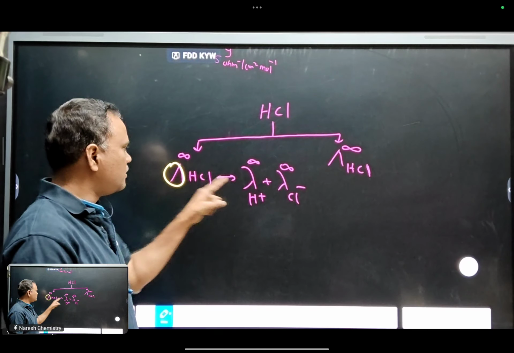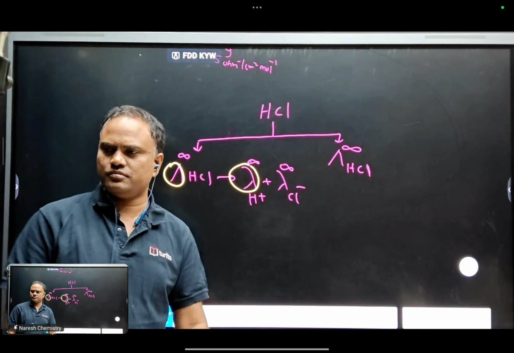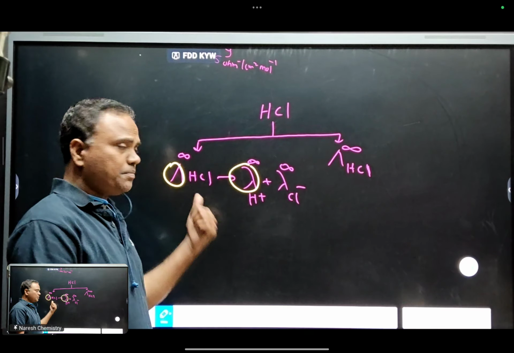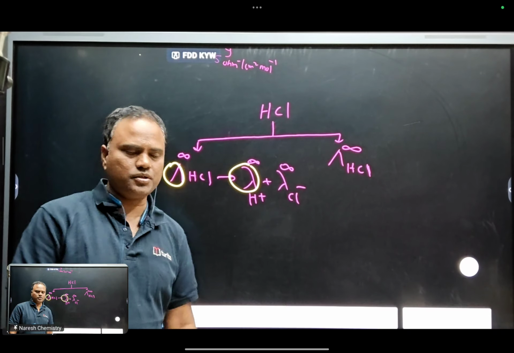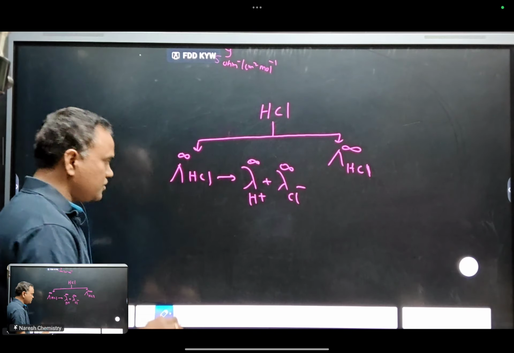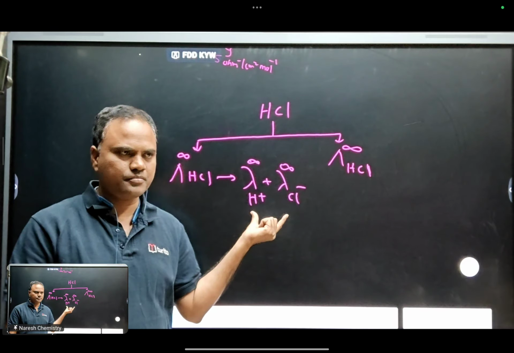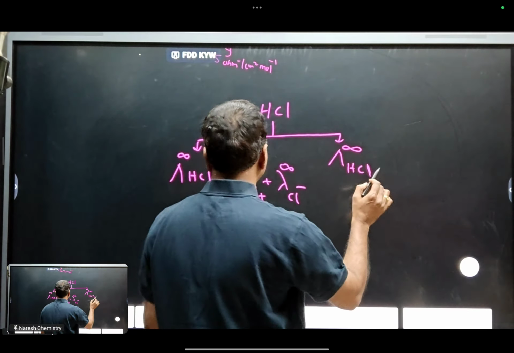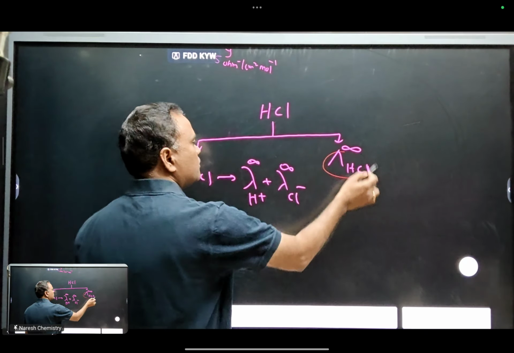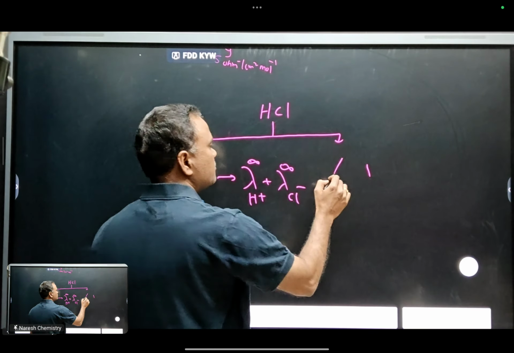Are you getting capital lambda, small lambda? Small lambda for ions to represent the conductance of ions. Capital lambda for molecule HCl. Whatever it may be the representation, it is clear first. What about this one? Here we have to write mu. Take mu there. This is also same.